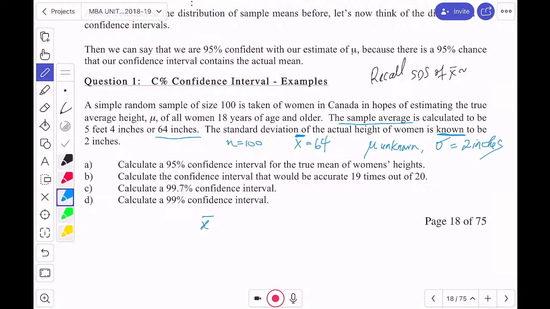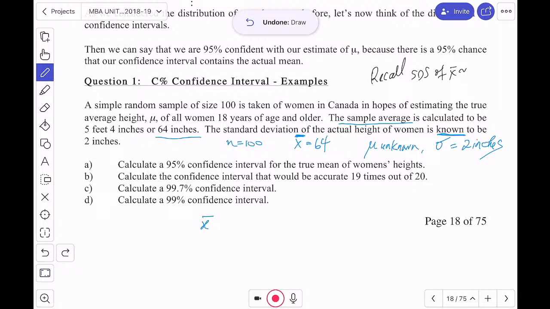So with n equal to 100 and this information here, what we do know is that X bar is approximately normal. Let me write it out in the bottom part here.